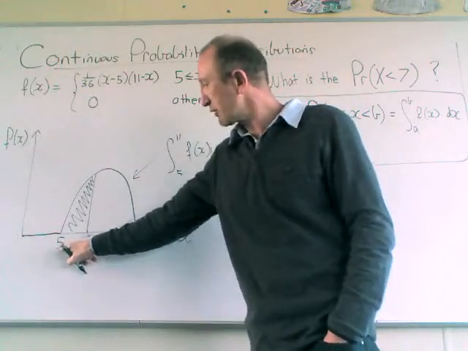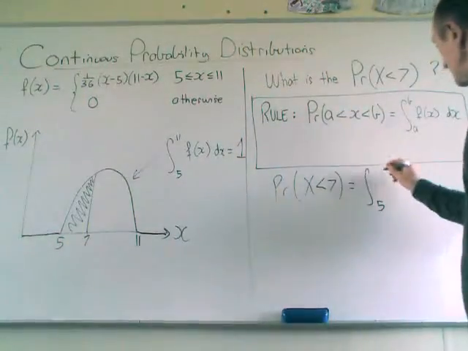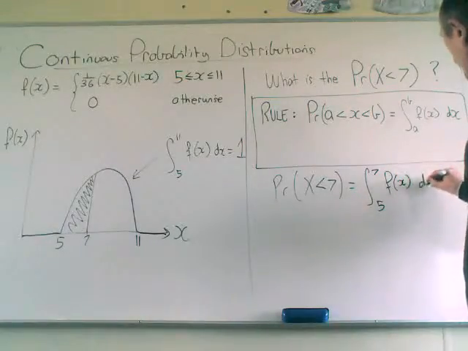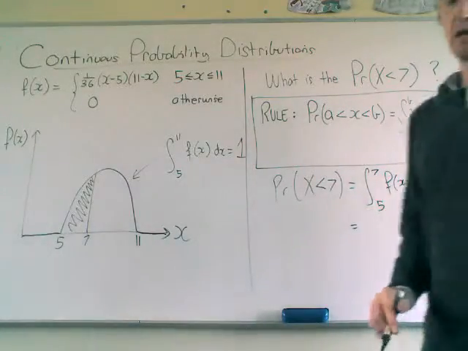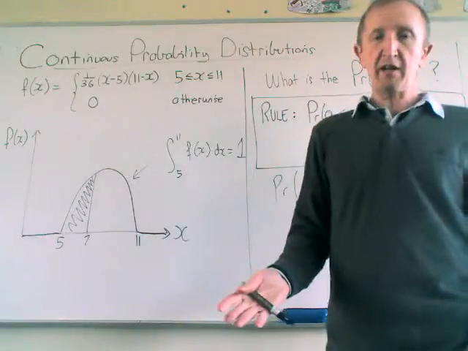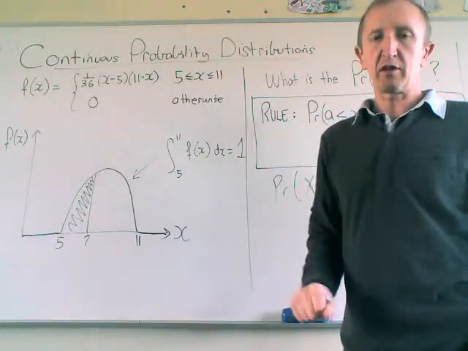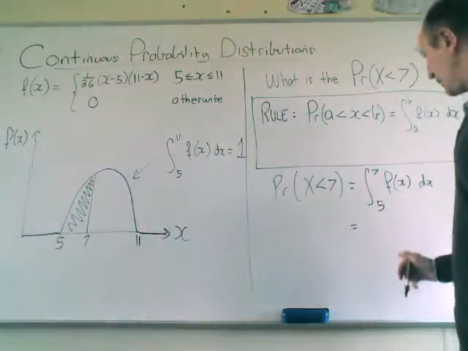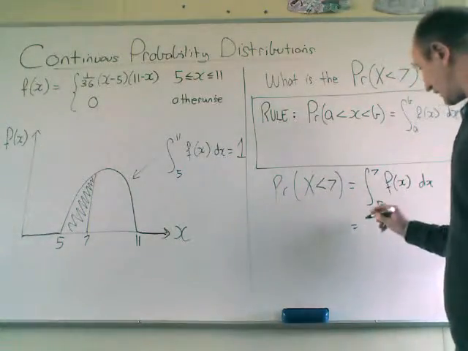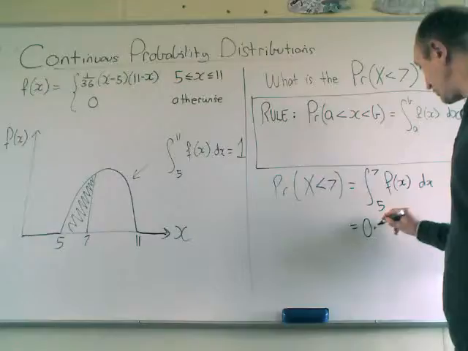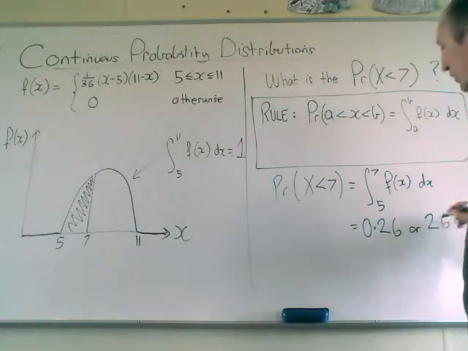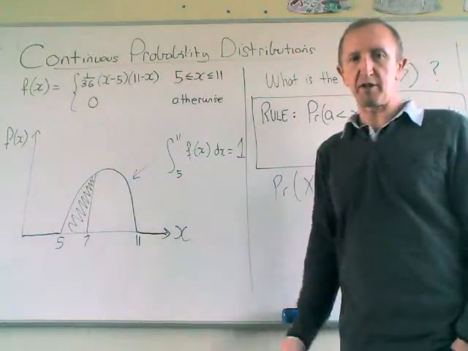So we're finding the area between 5 and 7 of the function f(x) dx. Calculate it by hand, or plug it into the calculator. We all know how to do that on the calculator now. For this particular example, I've got the answer here: 0.26 or 26%. The probability of getting less than 7 is 26%.